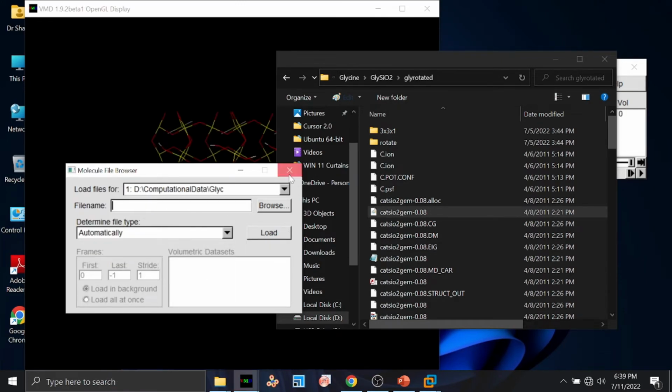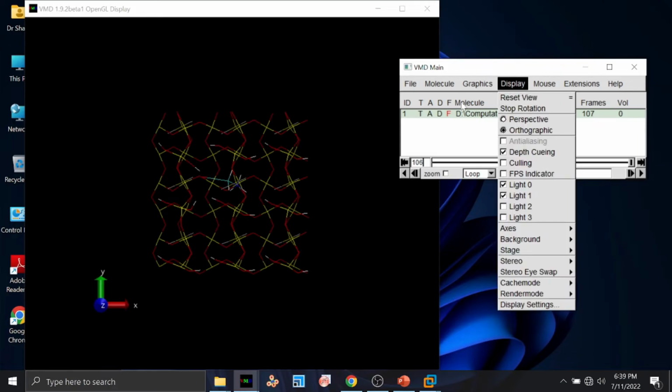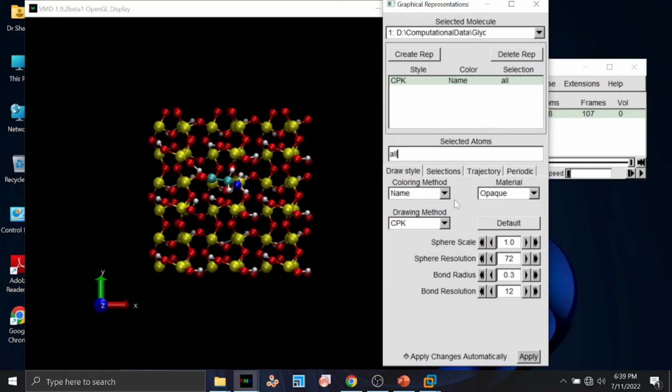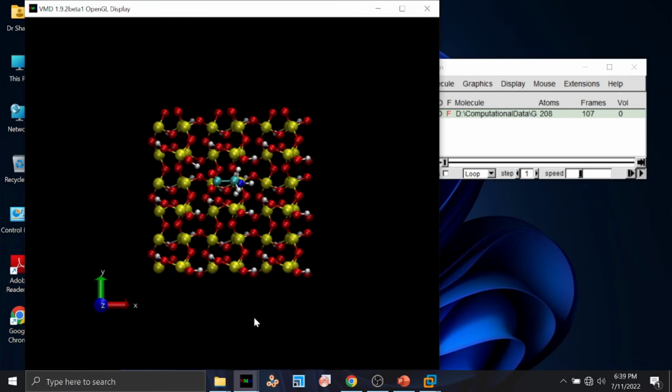I don't remember how long this geometry is, but here you can see it shows 107 frames, and this geometry has 208 atoms. So let me run the movie.